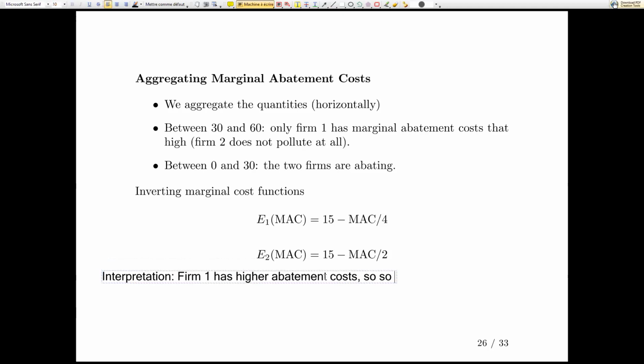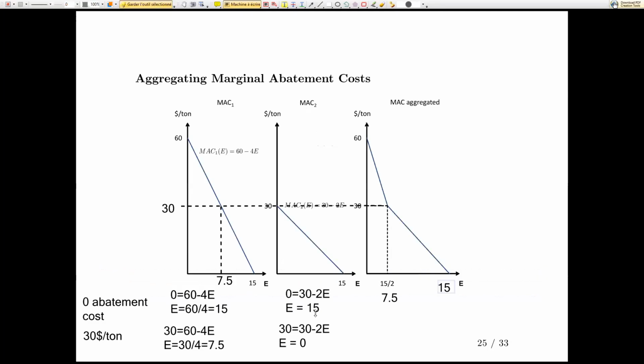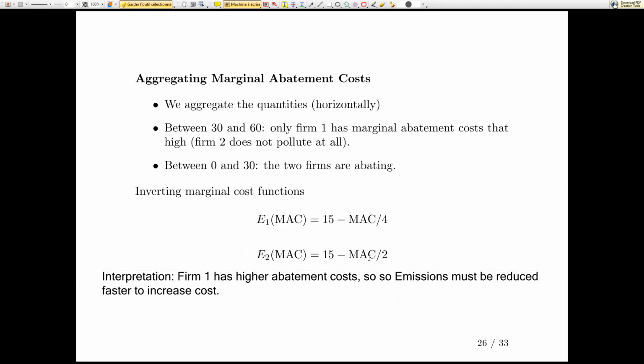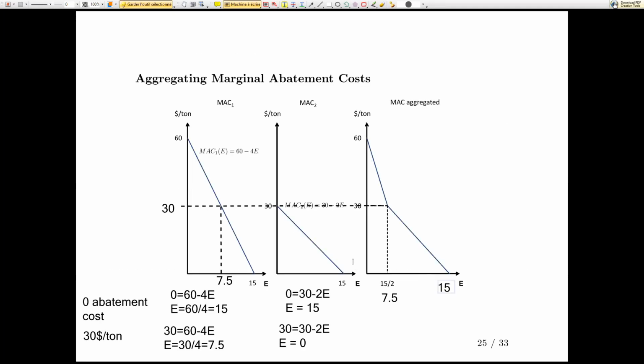What I'm saying here is that for this function, I get 15 minus MAC divided by 2 for firm 2.